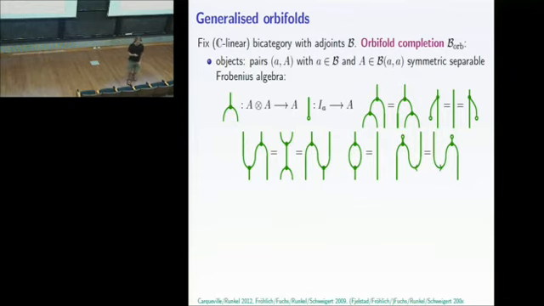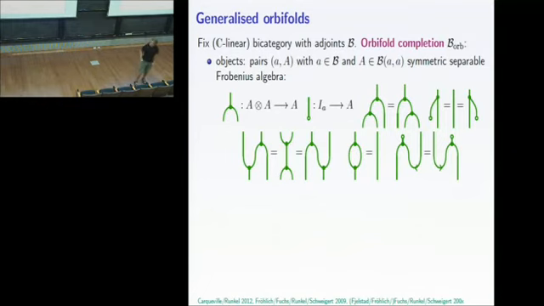The details don't matter for the purposes of this talk, and then on the next slide, I promise to give you an idea why these many properties actually play a role and are very natural. But for the moment, just bear with me. And let me tell you that one particular example, which is separable Frobenius, always is the one morphism which encodes the action of a symmetry group. More on that later.